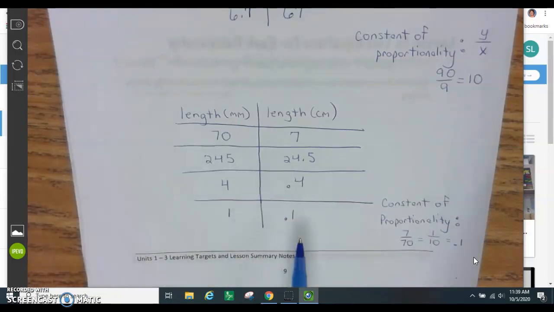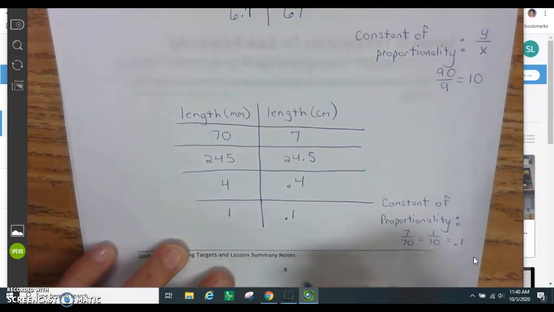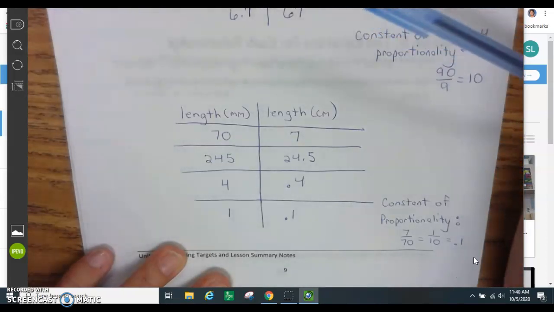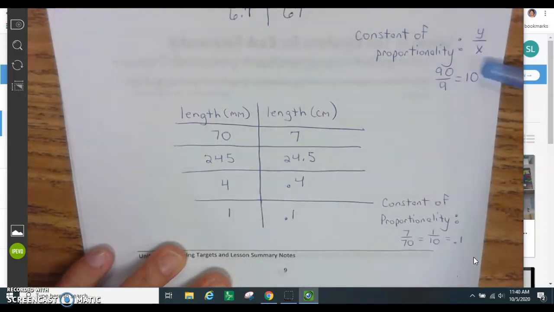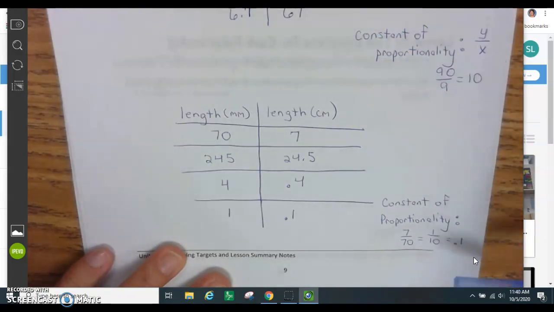So 1 millimeter is 0.1 centimeters. Okay, and again we have that reciprocal relationship of 10 over 1 and 1 over 10.